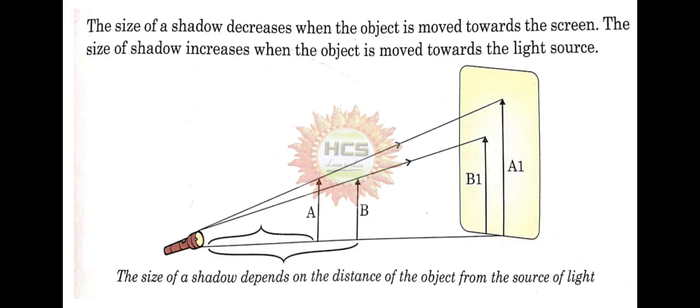The size of the shadow decreases when the object is moved towards the screen. The size of shadow increases when the object is moved towards the light source. What are they explaining? That the size of the shadow will decrease when the object is moved towards the screen, but when the object is moved towards the light source, the size of shadow will increase.